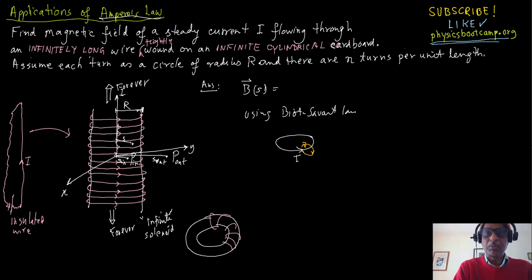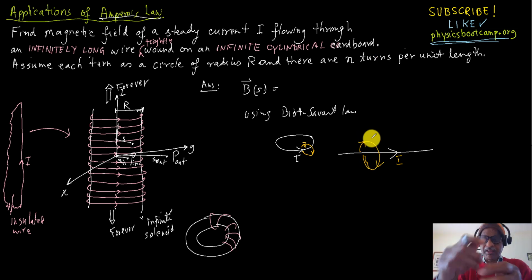Imagine this wire was like that. You can use the right-hand rule, and so if this is the current, then the magnetic field would go this way. In the back it will be coming out, and in the front it will be going down like that, right?